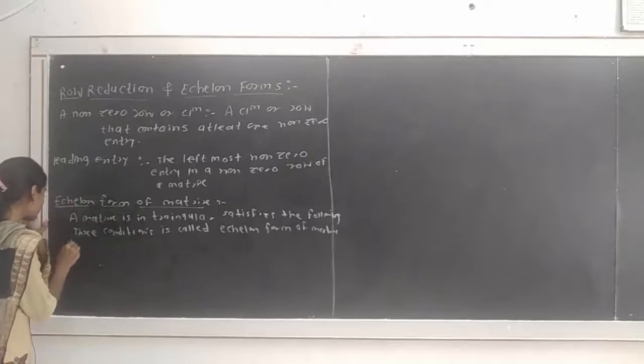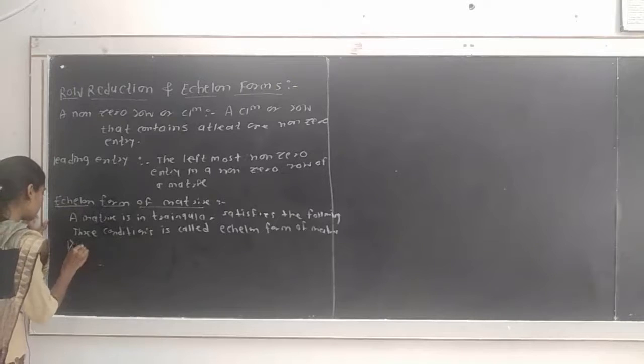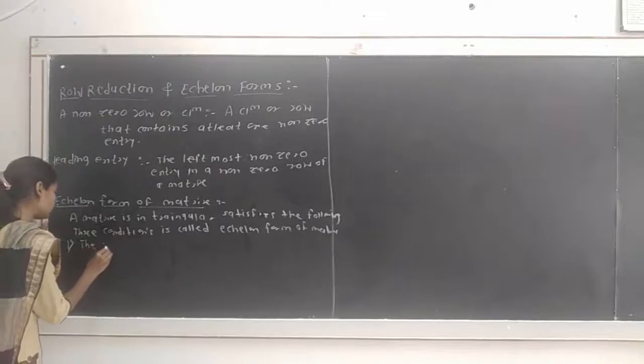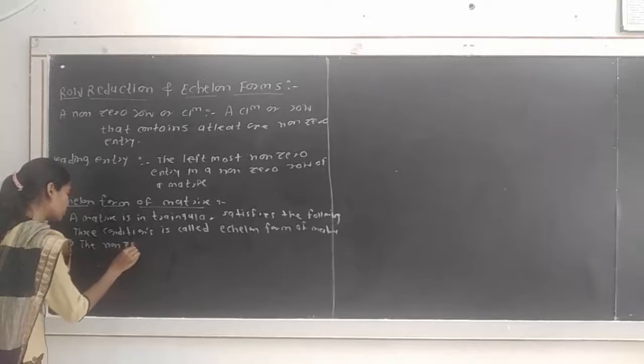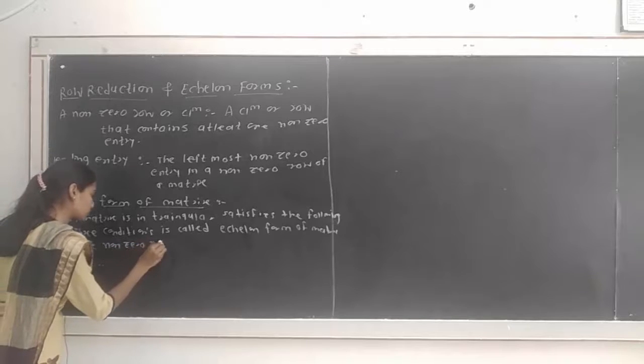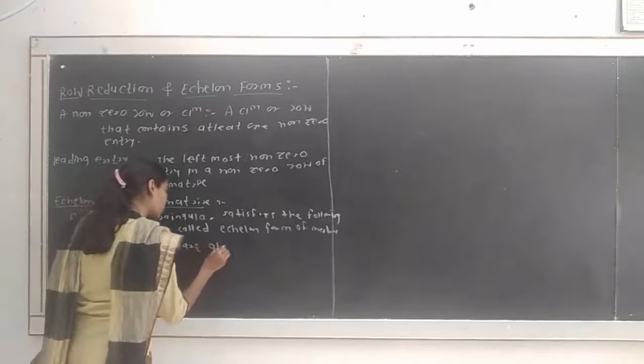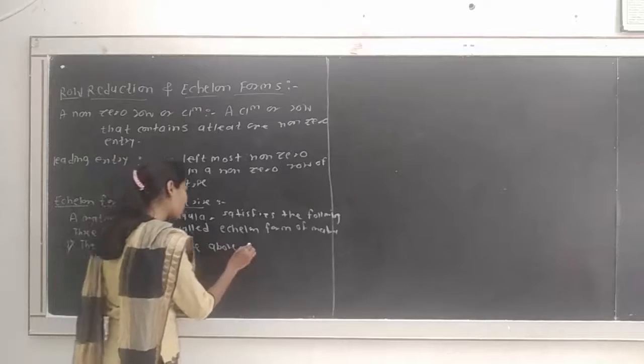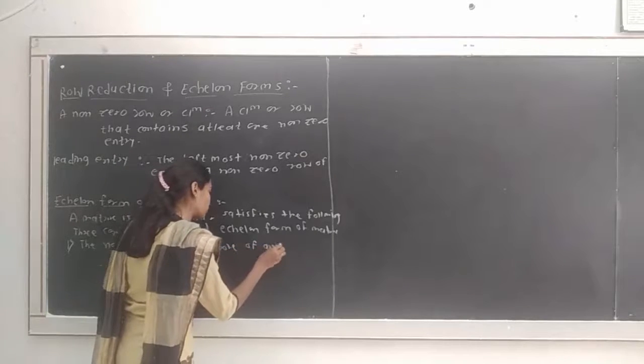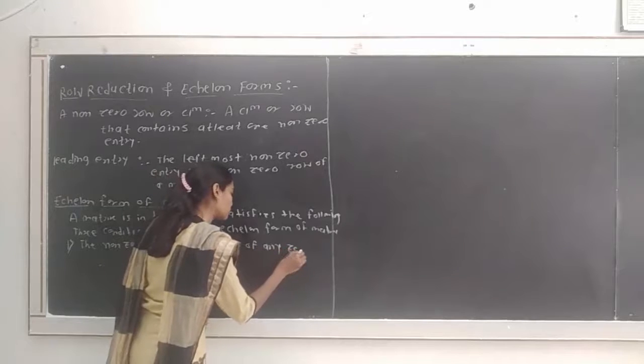So the first condition is that the non-zero rows are above any zero row.